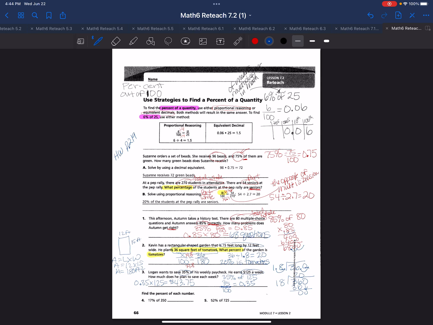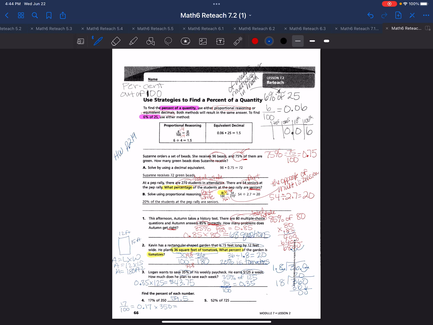Let's find the percent of each number. If we have 17%, remember I am saying that is 17 over 100. Percent means out of 100, of means multiply. But let's make that a decimal. 17 hundredths, and then of is multiply. So 17 hundredths times 350, and I get 59 5/10.